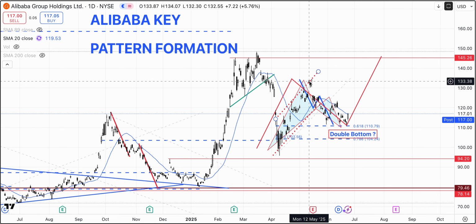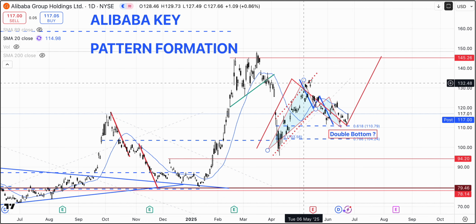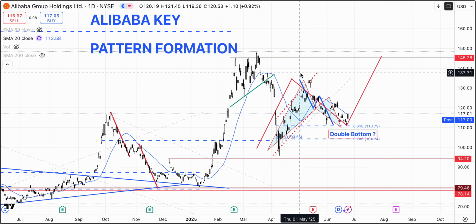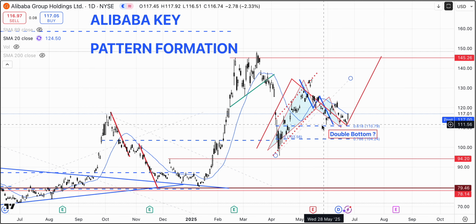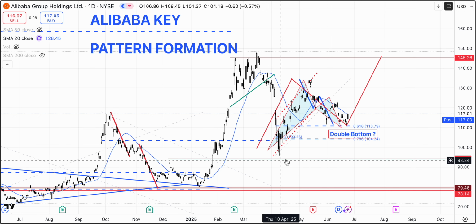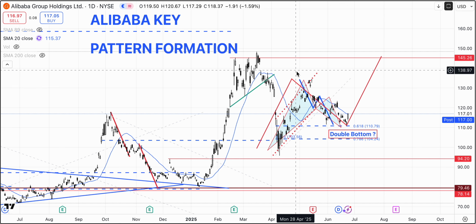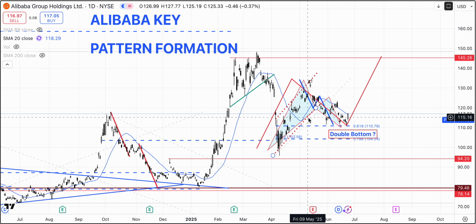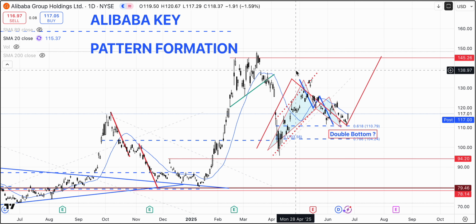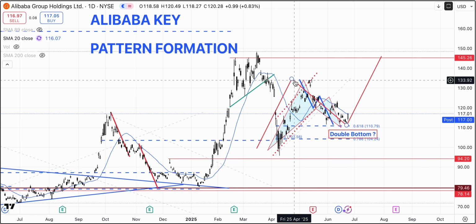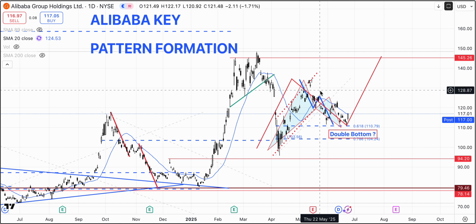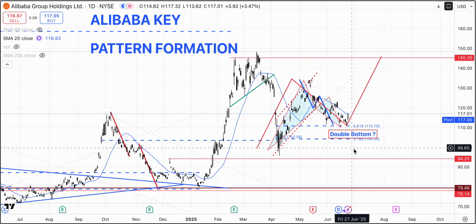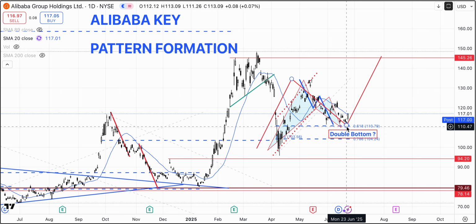After that, the rally went to about a 61.8% retracement right here, and then it has corrected back into the 61.8% retracement from these lows to these highs, and it has done this in a formation which we really like to cover here on the channel, which is one-to-one price projection, which we like to label AB equals CD, because the segment AB is equal to CD when projected from point C, coming right into the 61.8% Fibonacci retracement.